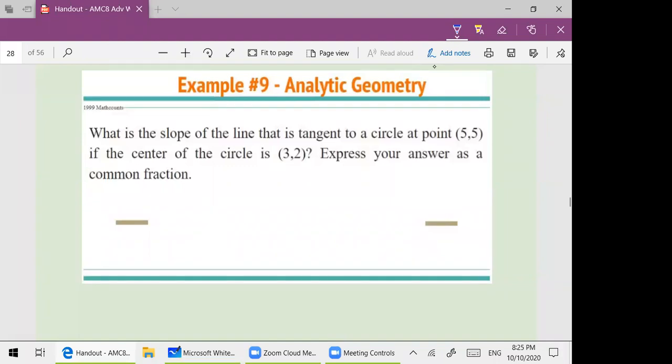Okay. For this problem, you'll need the fact that if m1 and m2 are the slopes of two perpendicular lines, their product has to be -1.